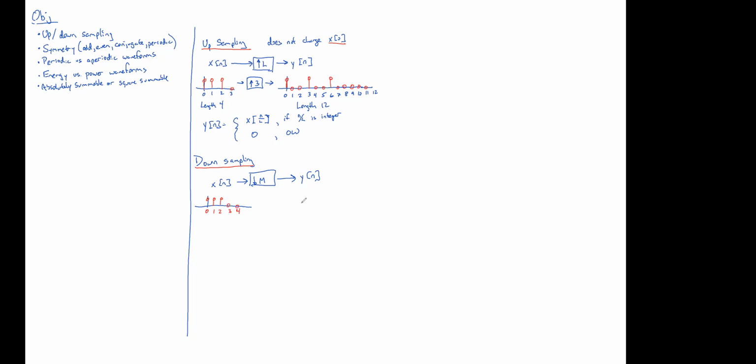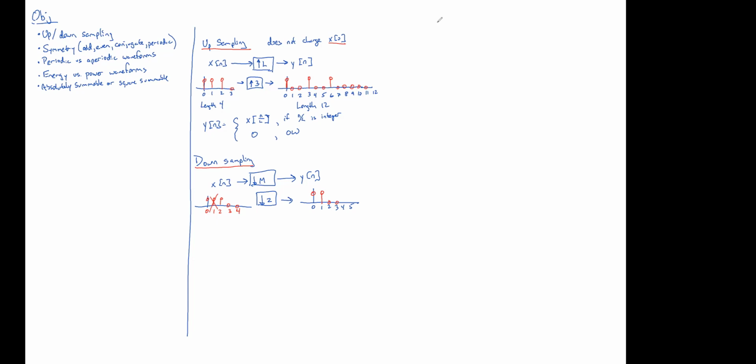We put that into a downsampler by 2. And again, it doesn't change your x of 0, but it just throws away the intermediate points.